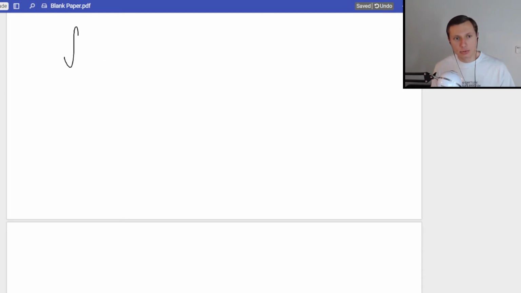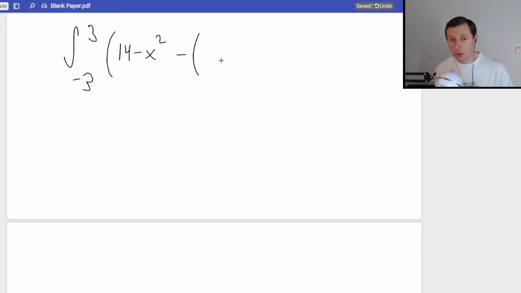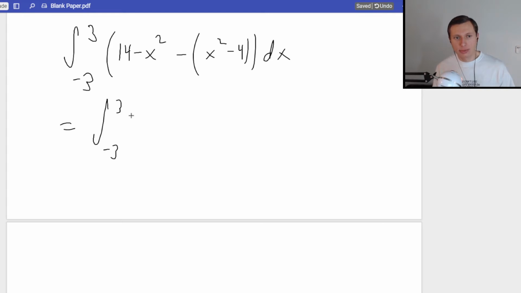So now we have the integral from -3 to +3 of the top function, 14 minus x squared, minus the bottom function. I need to have a quantity here, the quantity x squared minus 4. I do need to be careful there. I am going to have to distribute that negative sign to both terms. So this integral will become the integral from -3 to +3 of 14 minus -4.